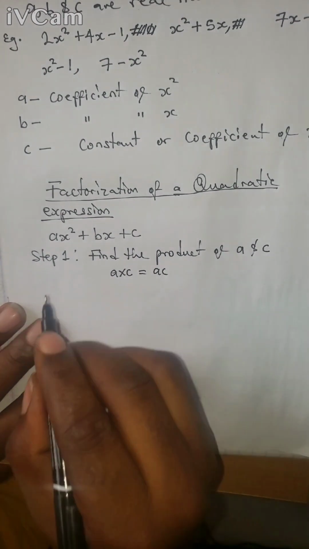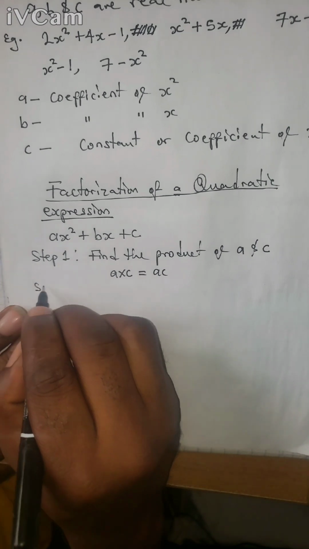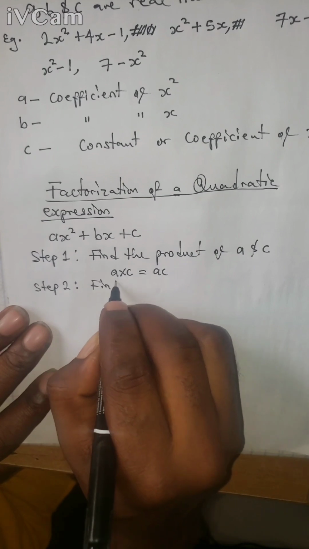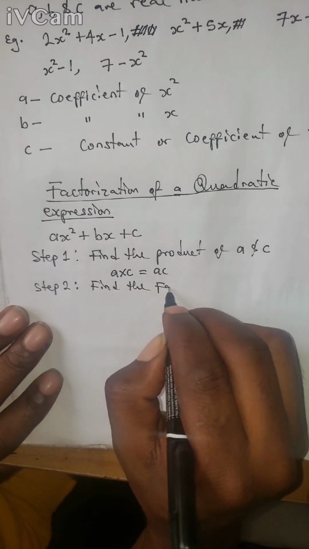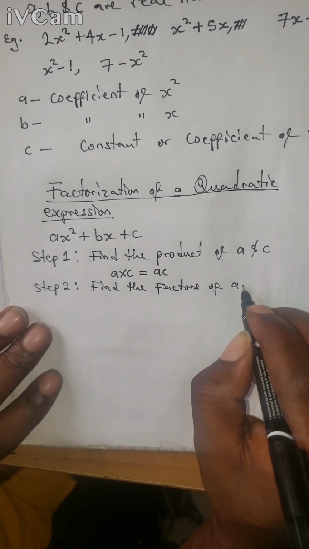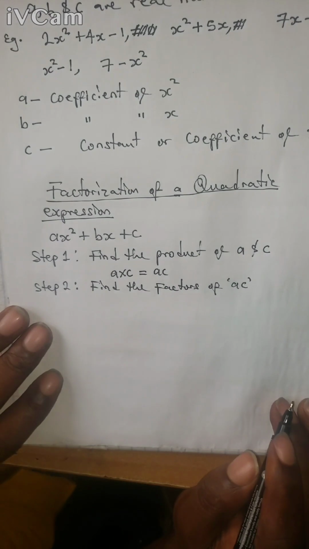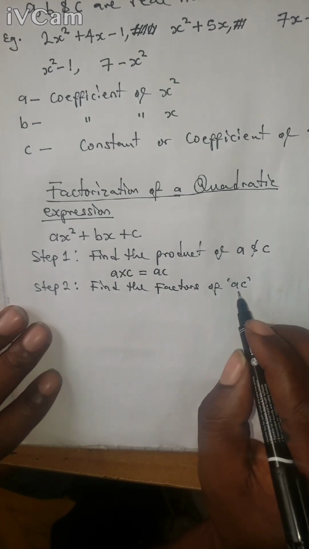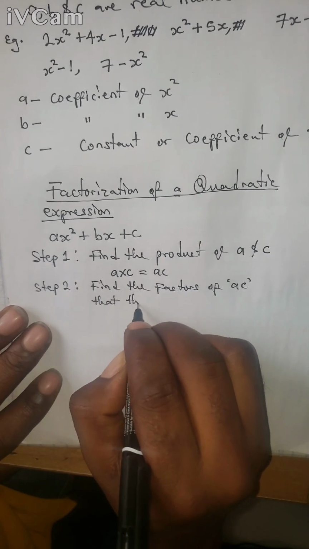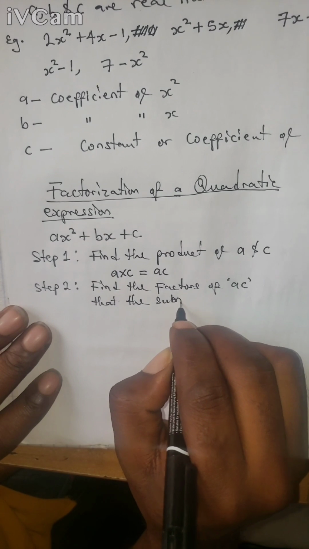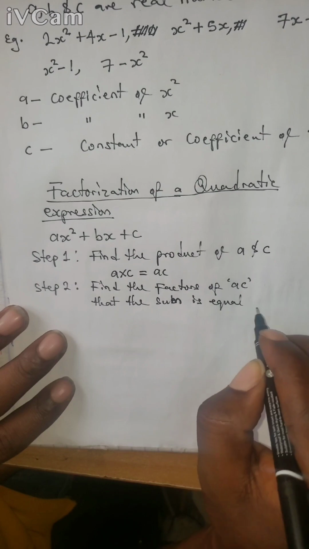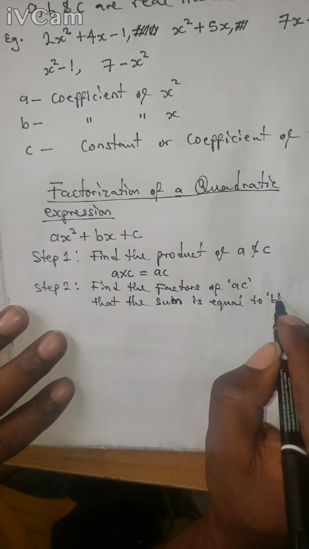Then when you have gotten that, step 2 is to find the factors of ac that sum to b.